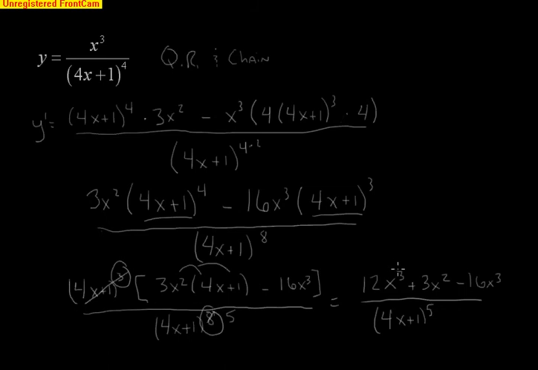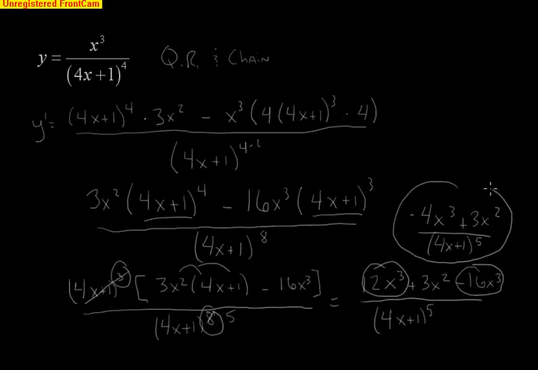And finally, we need to combine the 12x cubed and the negative 16x cubed, the cube terms. 12 and negative 16, we'll wind up with negative 4x cubed plus 3x squared all over the quantity of 4x plus 1 to the 5th. And there's our simplified derivative.